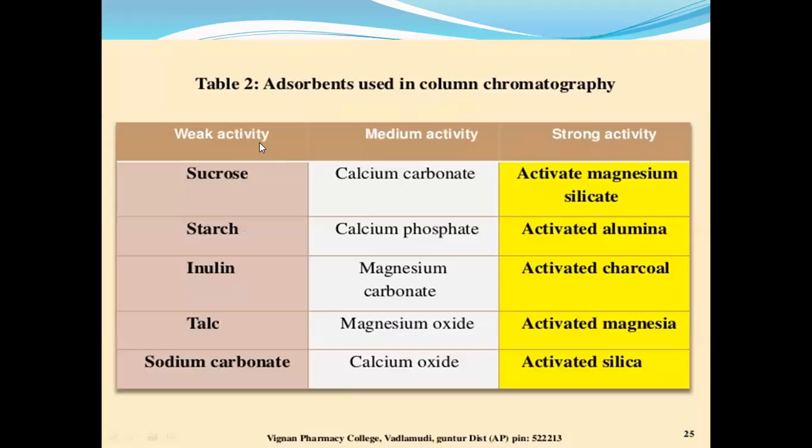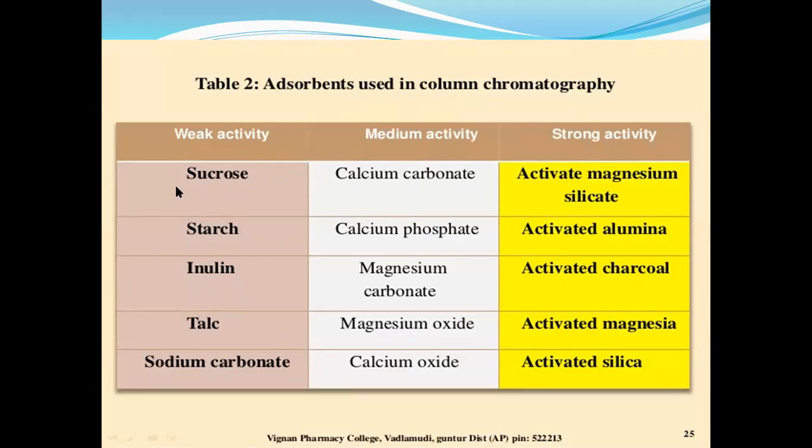And next is the adsorbents used in column chromatography. Generally we use different types of adsorbents. Based on their nature, we can classify them as weak activity, medium activity, and strong activity.